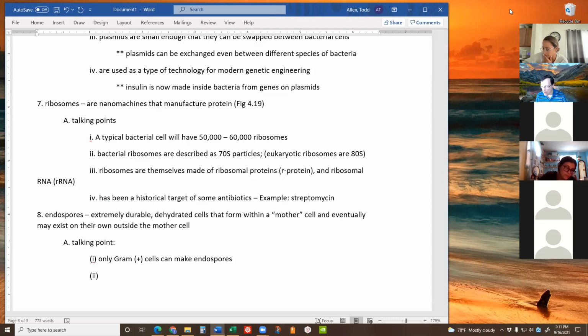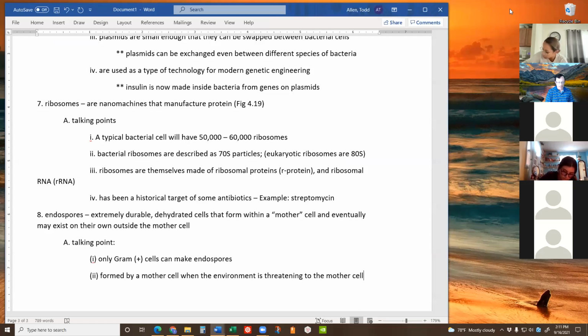Endospores are formed when the mother cell, in the picture I just showed you, those pinkish red cells, endospores are formed anytime the mother cell feels threatened by its environment. Okay, so formed by a mother cell when the environment is threatening to the mother cell.